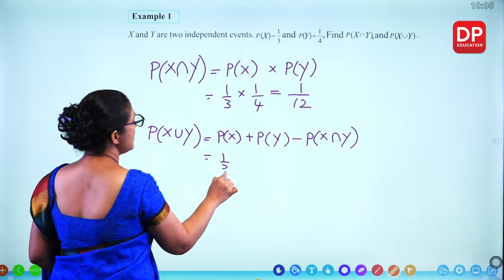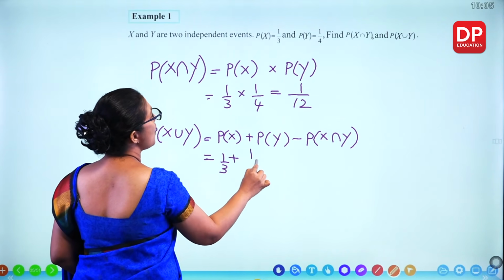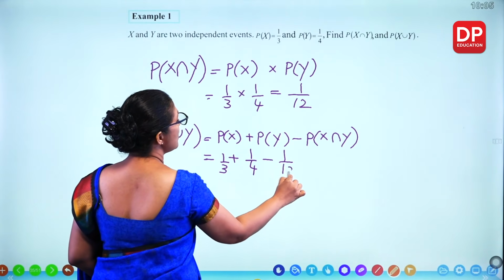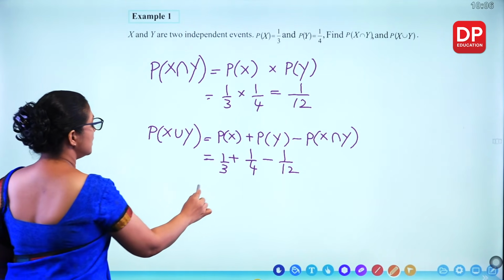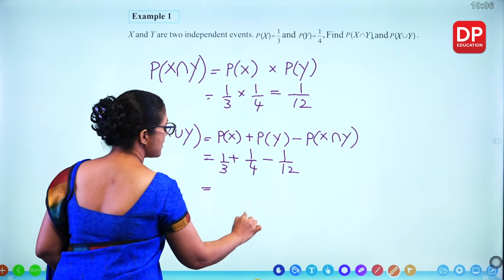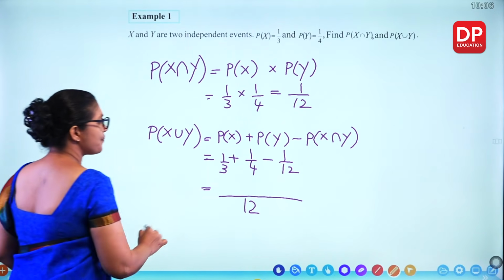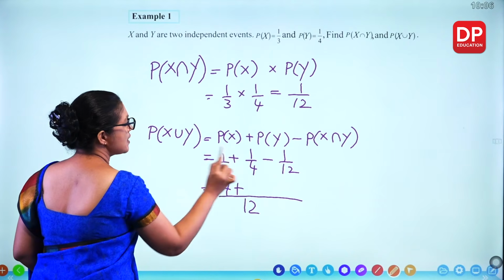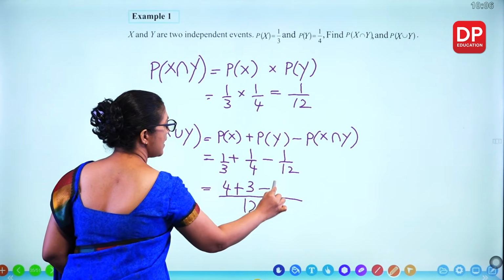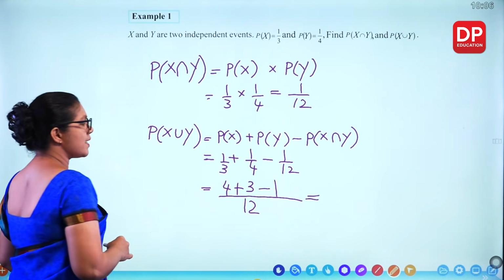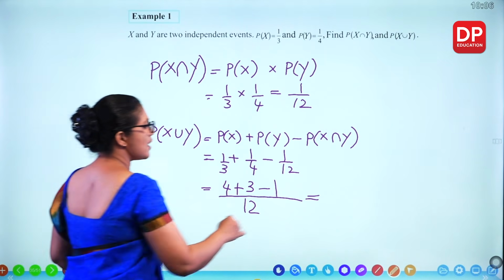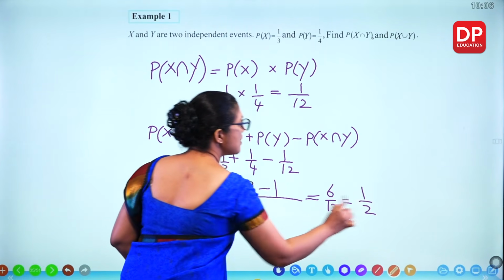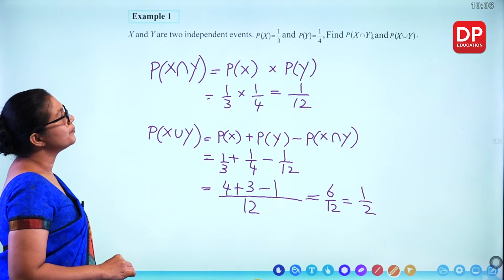P(X) is 1/3, P(Y) is 1/4 and the intersection we found is 1 over 12. 12 is the common denominator. You have to multiply by 4, multiply by 3 and you get 4 plus 3 is 7, 7 minus 1 is 6, 6 over 12 is the same as 1 over 2.